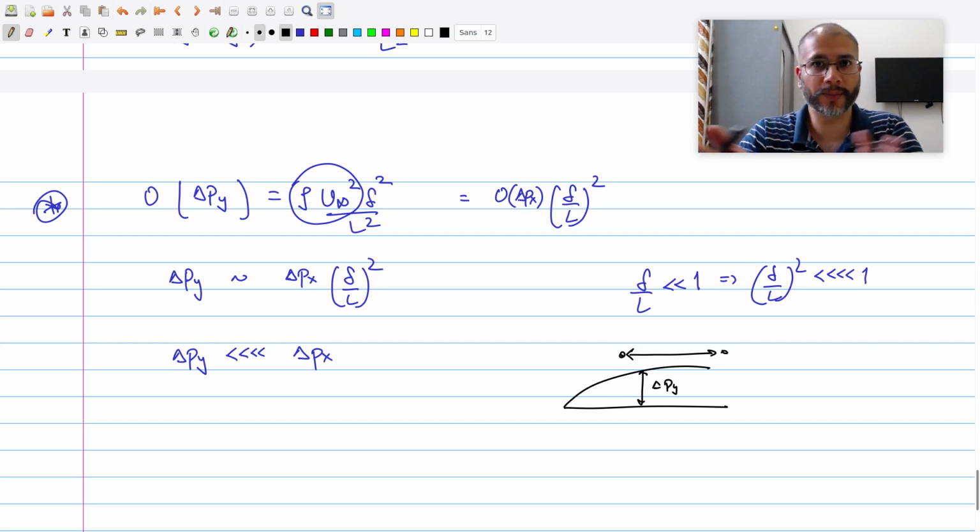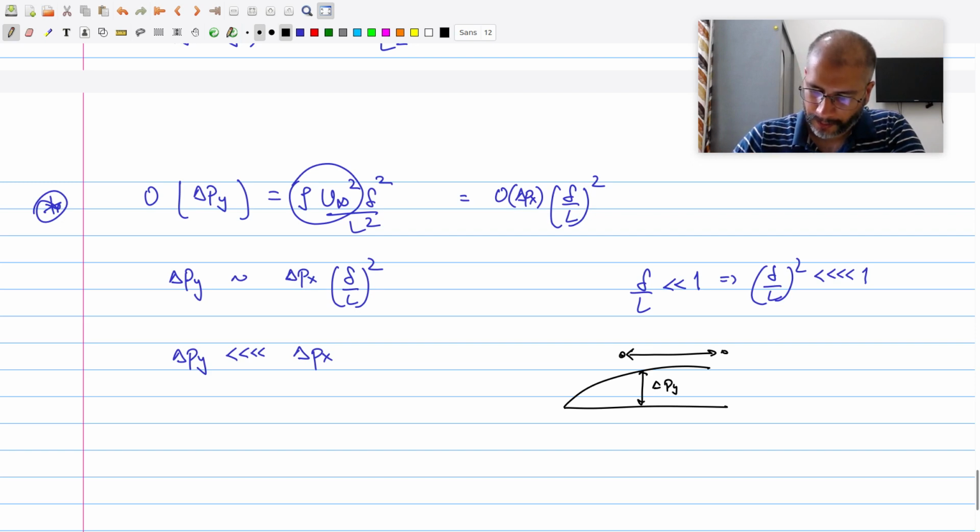Now pressure is a scalar, right? So the change in pressure if you go up is 10 to the minus 8, and if you go to the right it is of the order of 1. So you can neglect this 10 to the minus 8 change, as if there is no change in the pressure at all in the y direction when you compare it to pressure changes in the x direction.